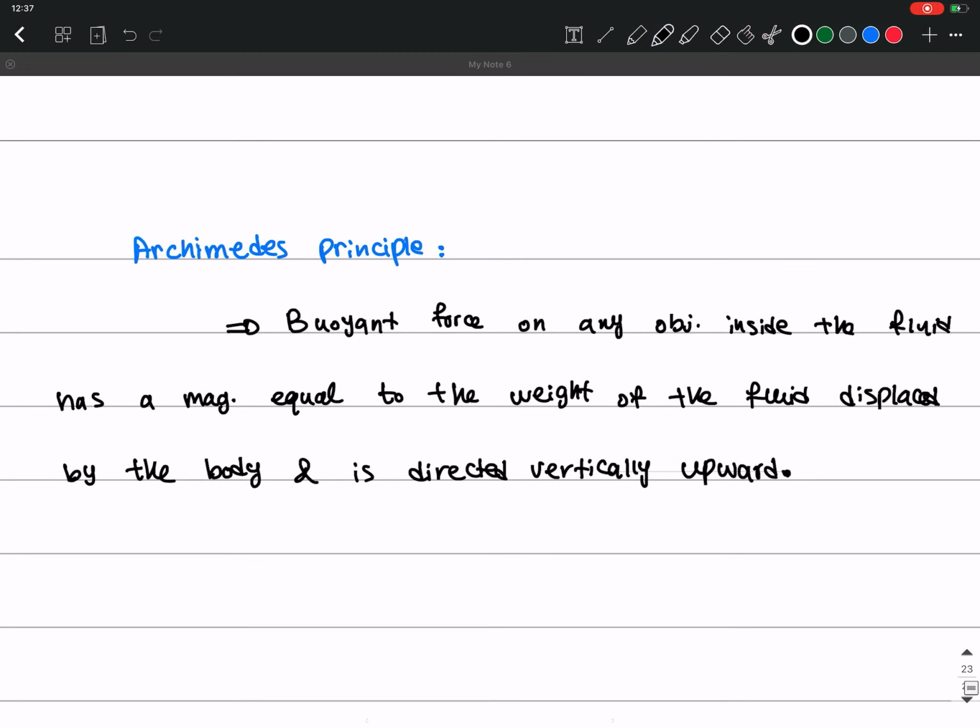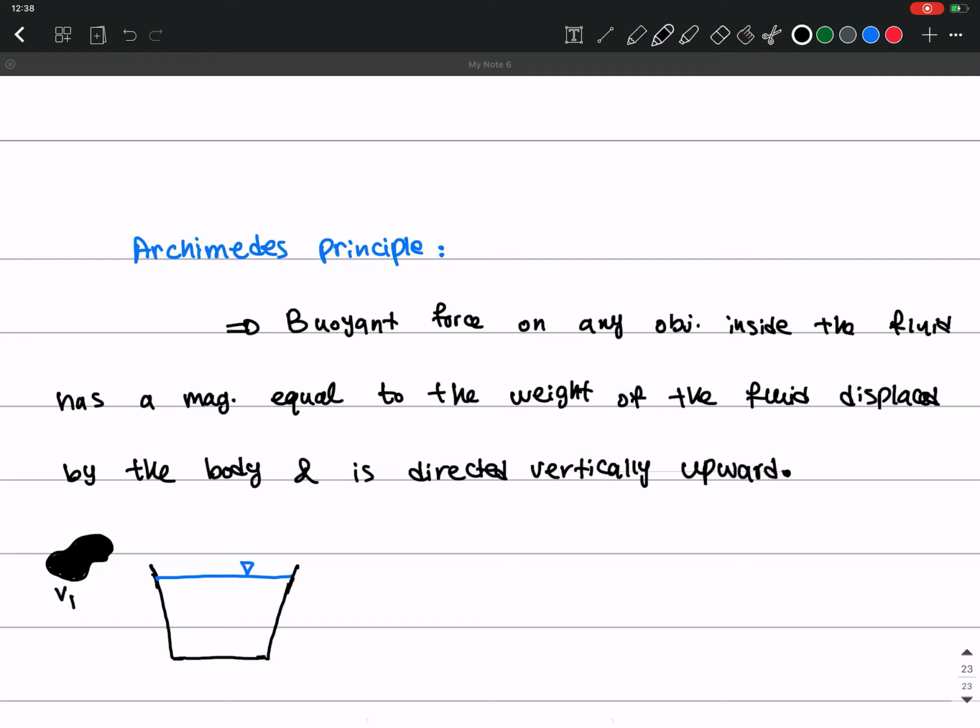So let me show you an example. Say we have a tank of water, and then we have an object. This object has a volume of V1.